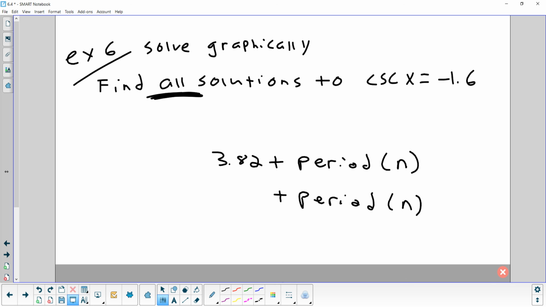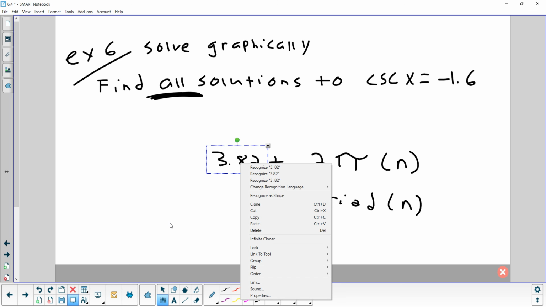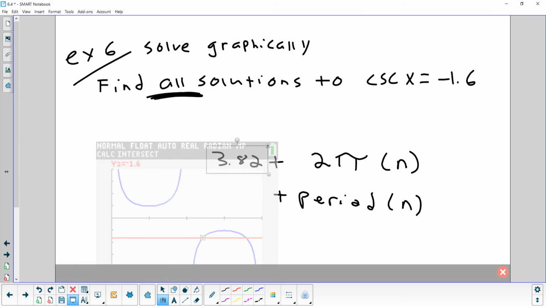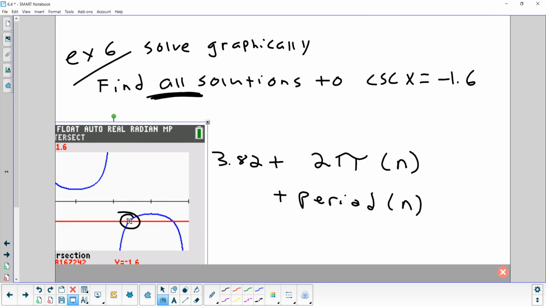And now, what did we just say the period of cosecant was? 2 pi. So that answer is going to repeat forever, every 2 pi units. So if you wanted to know the next time it occurs, add 2 pi to that. If you want to know the next time after that, add 2 pi again. All right, so now we've described this answer forever.